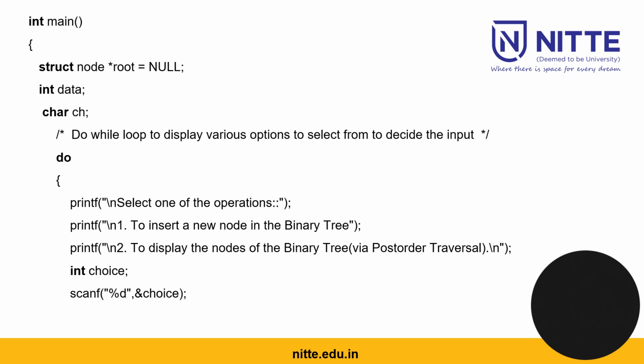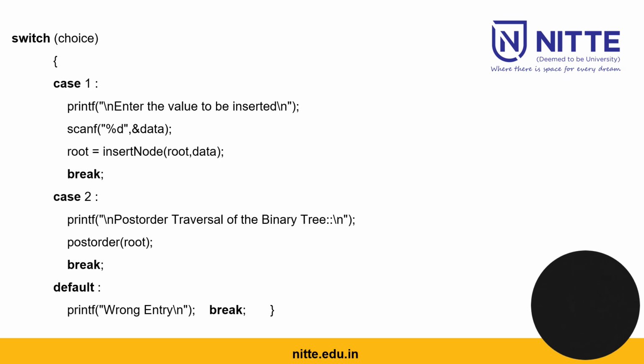If we select 1, it is to insert a new node in the binary tree, and if I select 2, it is to display the nodes of the binary tree in the post order traversal method. Then I will define another variable, choice, which is of type int. Then I will write scanf, so that choice value will be read and stored at the address of choice.